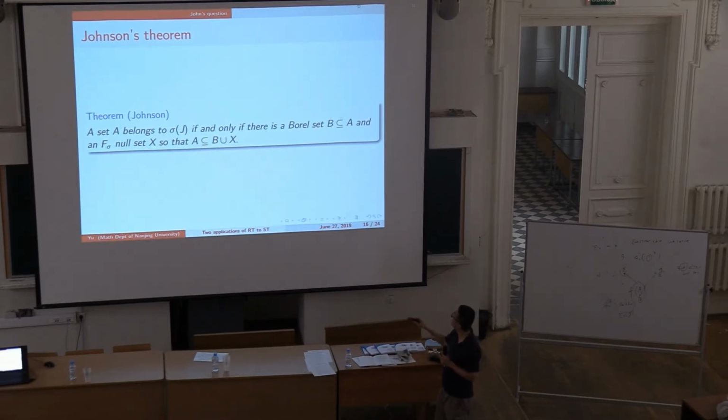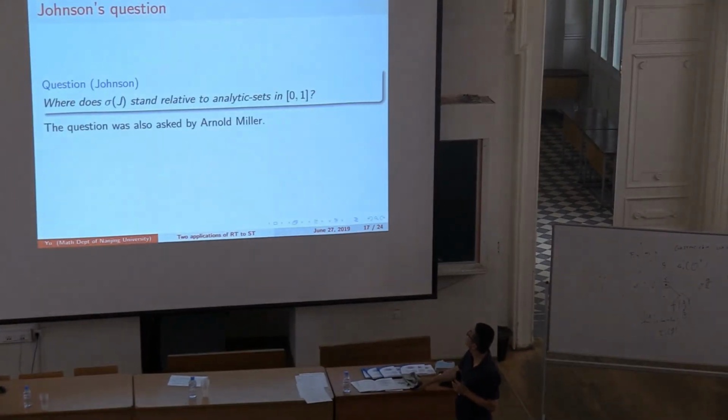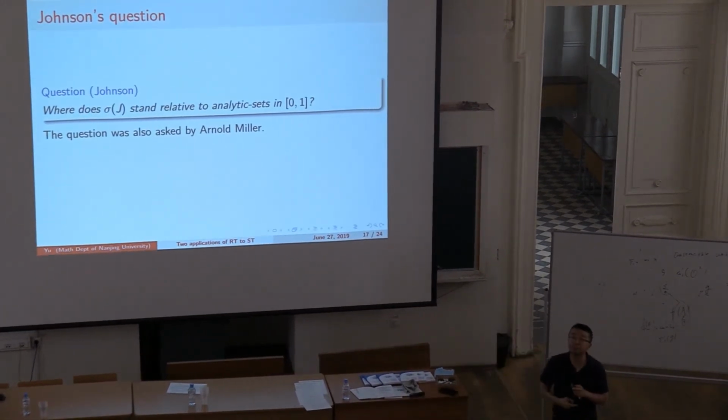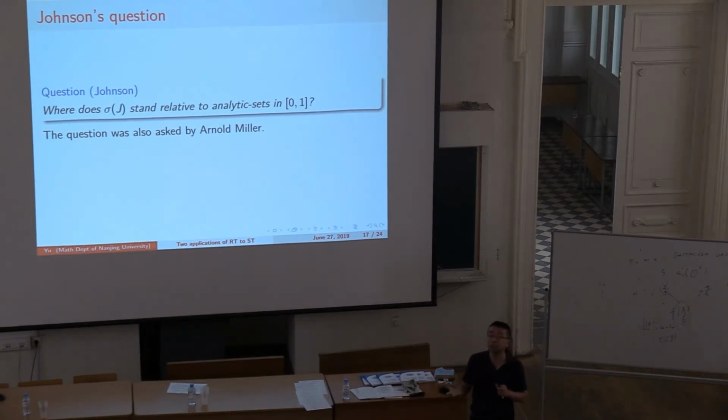But he asked a question: what's the relationship of σ(J) with the analytic sets? It's certainly strictly above the Borel sets, but he doesn't know whether it contains the analytic sets.